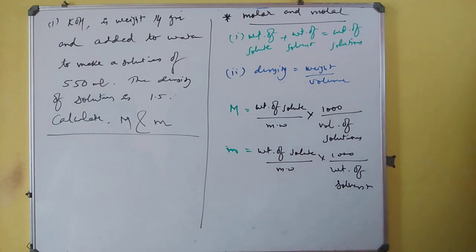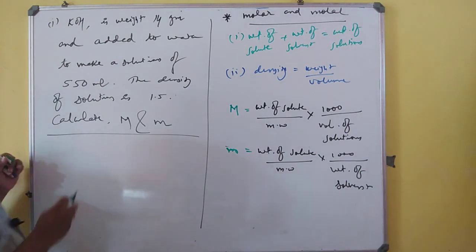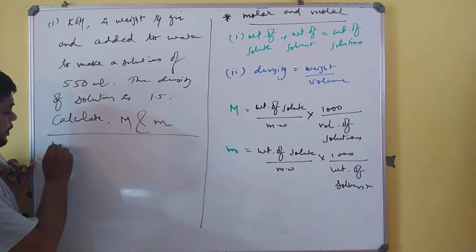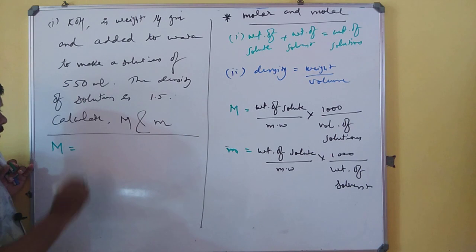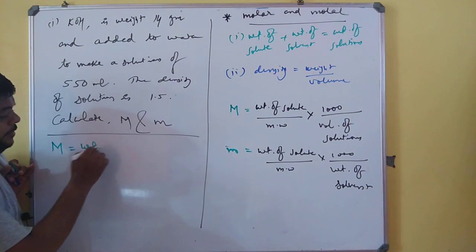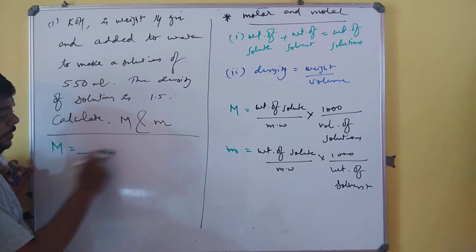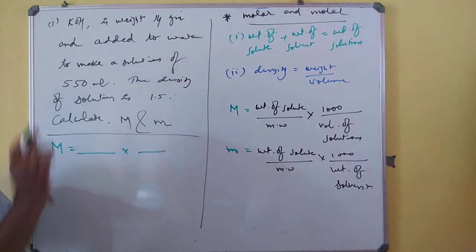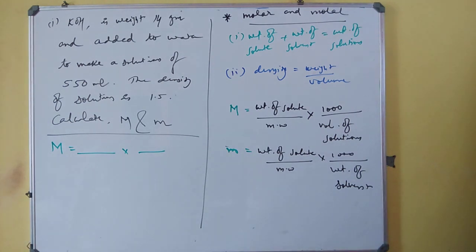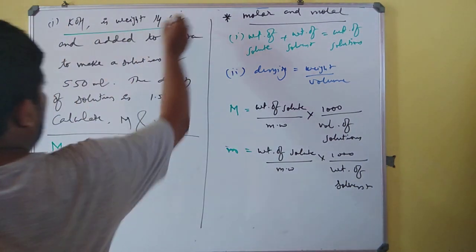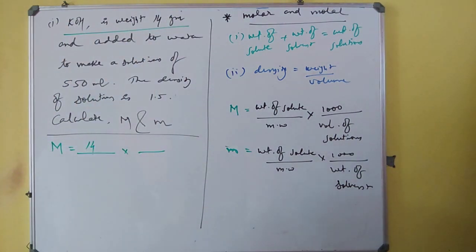Remember very well with respect to this question that whenever I say molarity, it will be weight of solute divided by molecular weight into 1000 divided by volume of solution. So over here KOH is 14 gram, so the weight of solute is 14 gram.